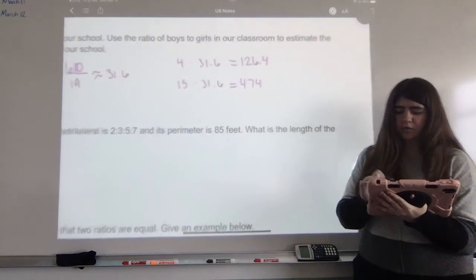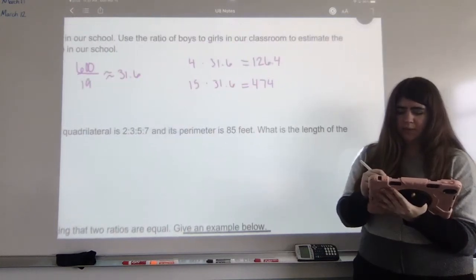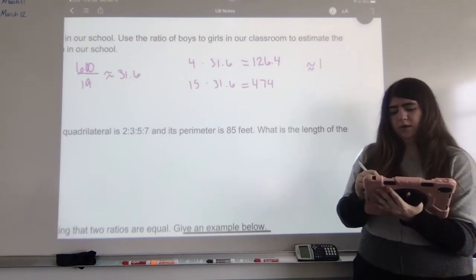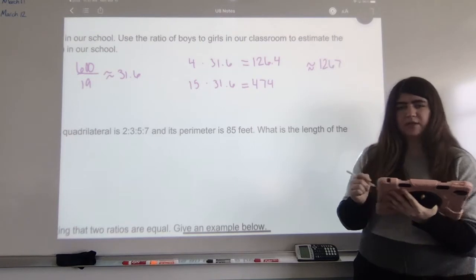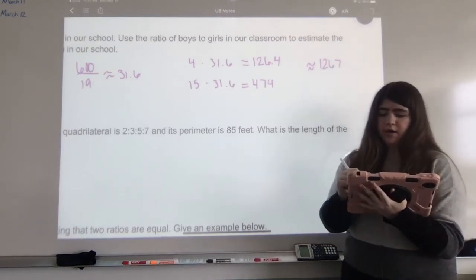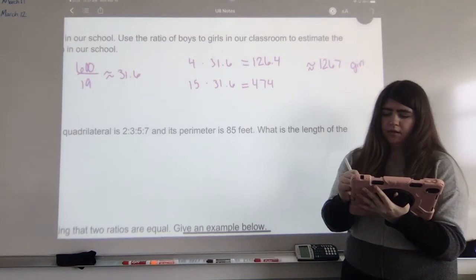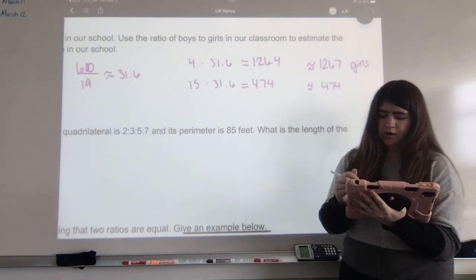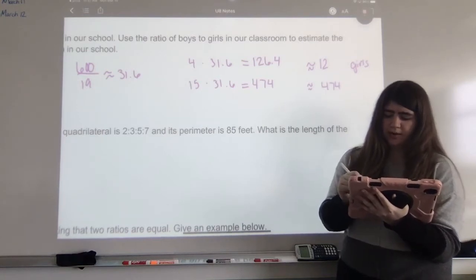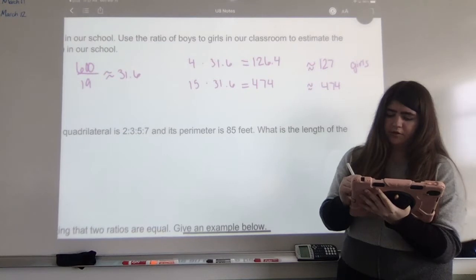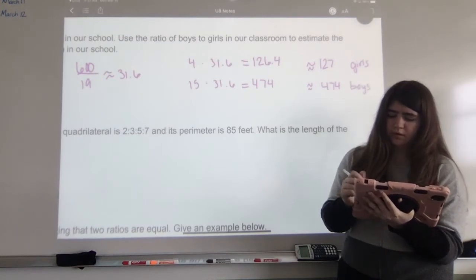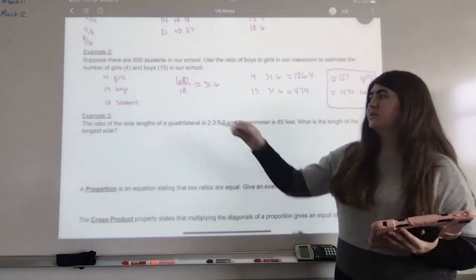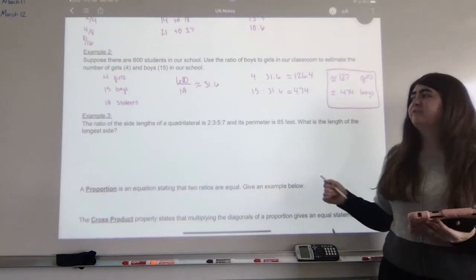So in our school, there is approximately 127 girls, because you can't have 0.4 of a person, and approximately 474 boys. That's our best estimate using the fact that there's 19 students in our class, 4 of them are girls and 15 of them are boys.